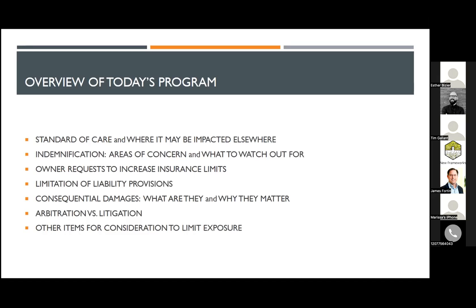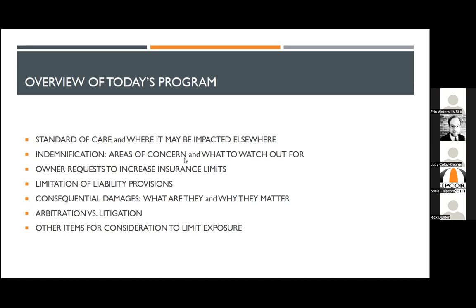So we're going to be talking a little bit about the standard of care and where else it may be impacted elsewhere in your contract. We're going to be talking a little bit about indemnification and what to watch out for if you are agreeing to indemnify a third party, oftentimes being the owner.